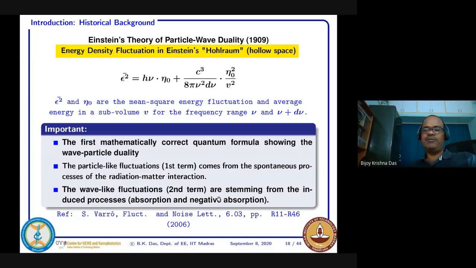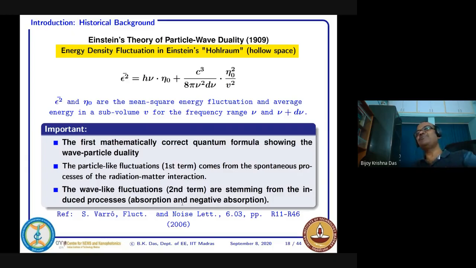And then wave-like fluctuations, another term. So these are the two important things Einstein commented on in 1909. One is the spontaneous process, which is because of the particle nature, and the other, the wave-like fluctuation, stems from the induced process.